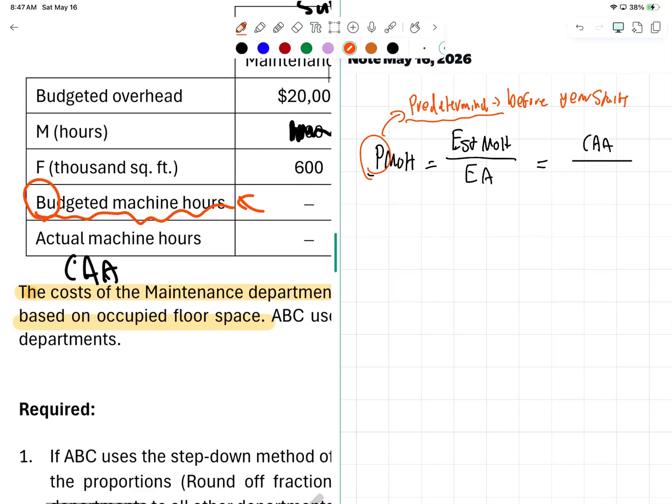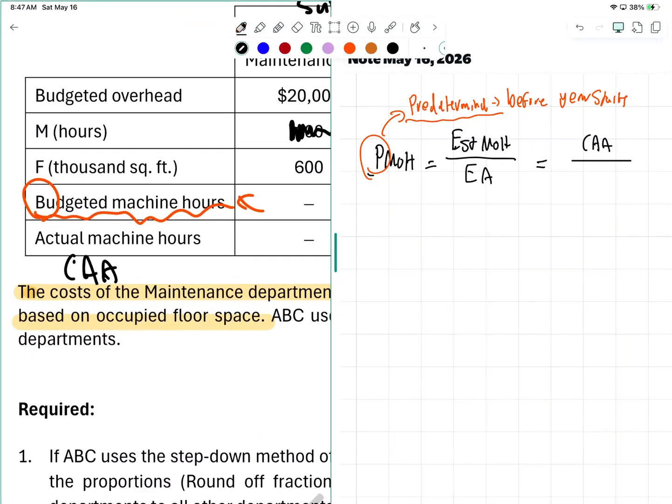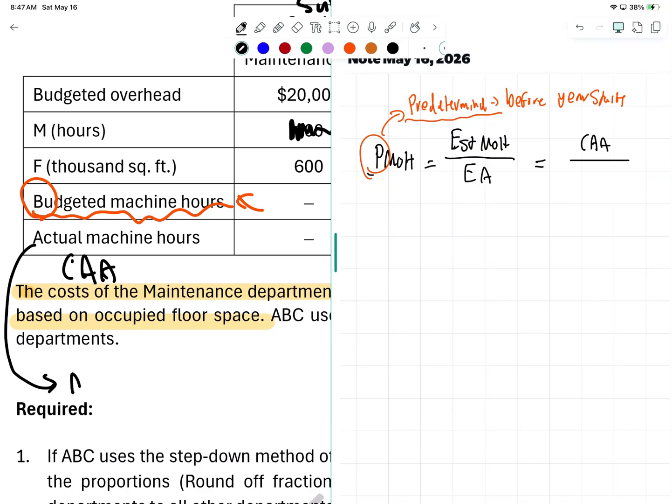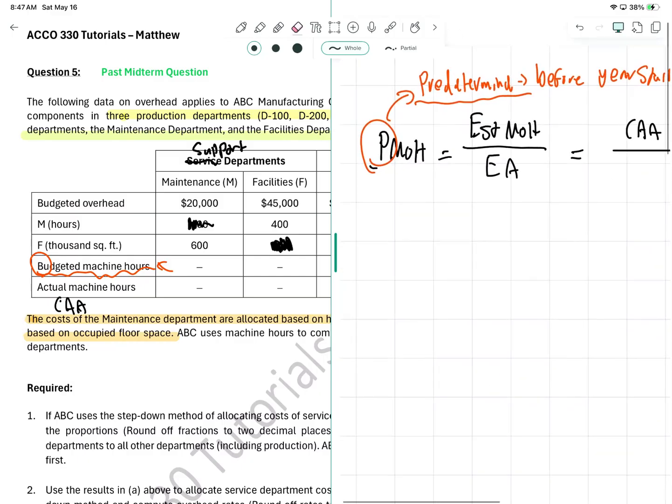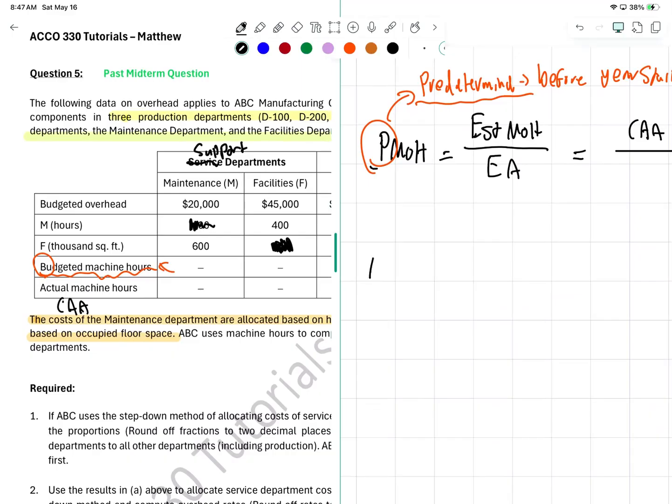What the actual machine hours would be used for, if anything, is your applied manufacturing overhead. This goes back to Com 305, Chapter 3. And you're not concerned with calculating that in ACCO 330. I've not seen that tested ever. I'll just write it out so you can add this to your notes. Your applied manufacturing overhead, your AMOH, is your PMOH times the actual activity.